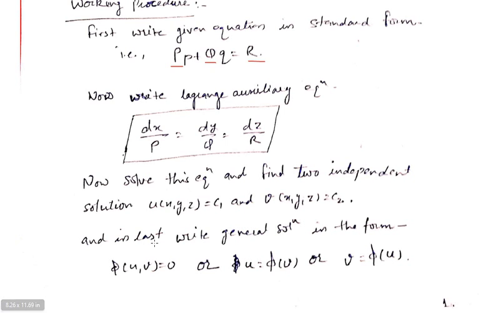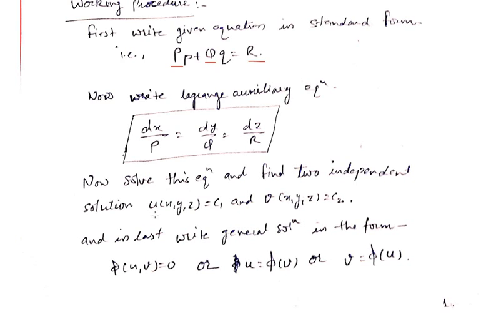And in the last step, we write the general solution in any one of the forms: it might be phi of (u, v) equals 0, or it can be expressed as u is equal to some function of v, or v is equal to some function of u, where phi is an arbitrary function.